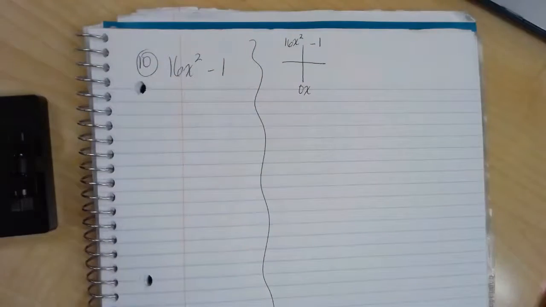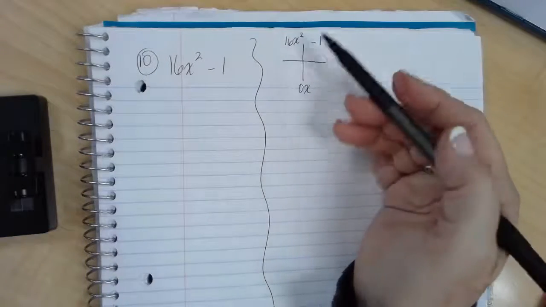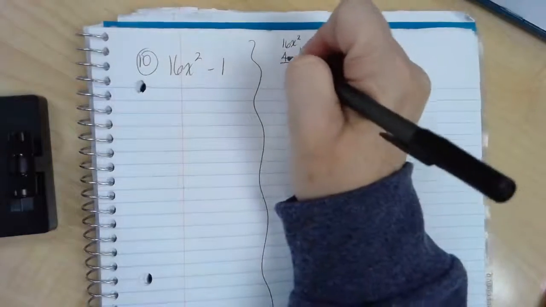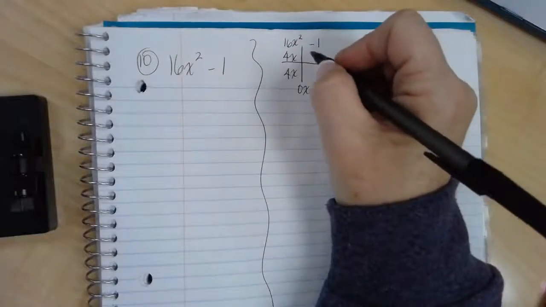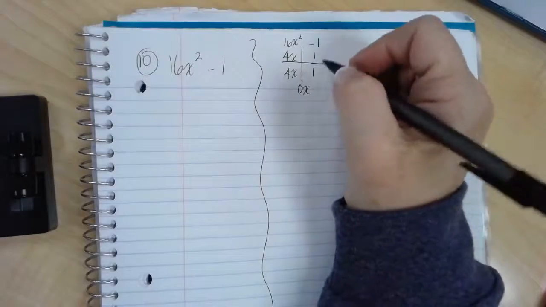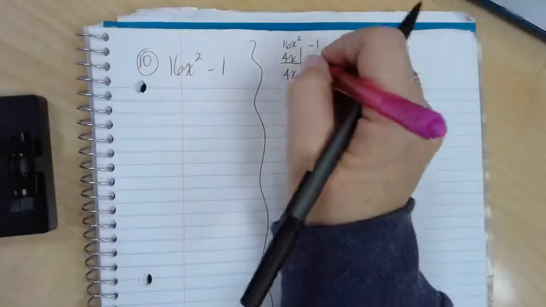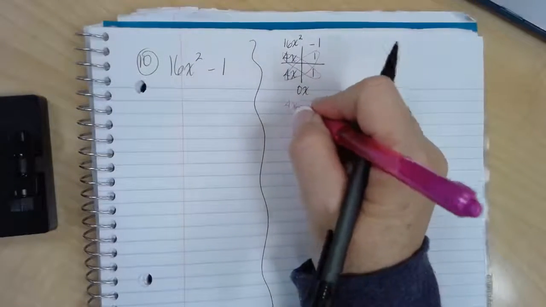So we look at it and we say, okay, what multiplies and makes 16x squared? I could do 8 and 2, I could do 16 and 1, or I could do 4 and 4. So I'm going to do 4x and 4x. I want to get a negative 1, which means one of those is going to have to be a negative. Does it matter which one? Well, let's see. Go like that, and we get 4x and 4x.